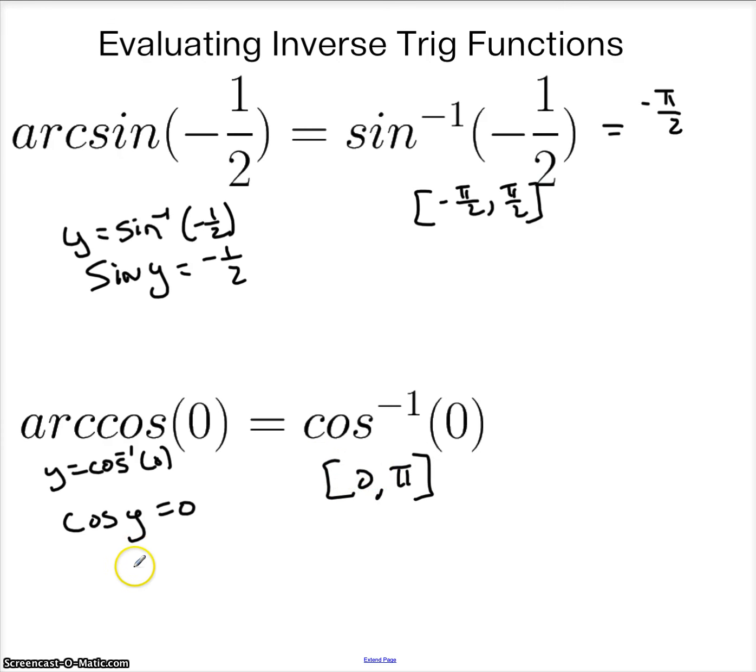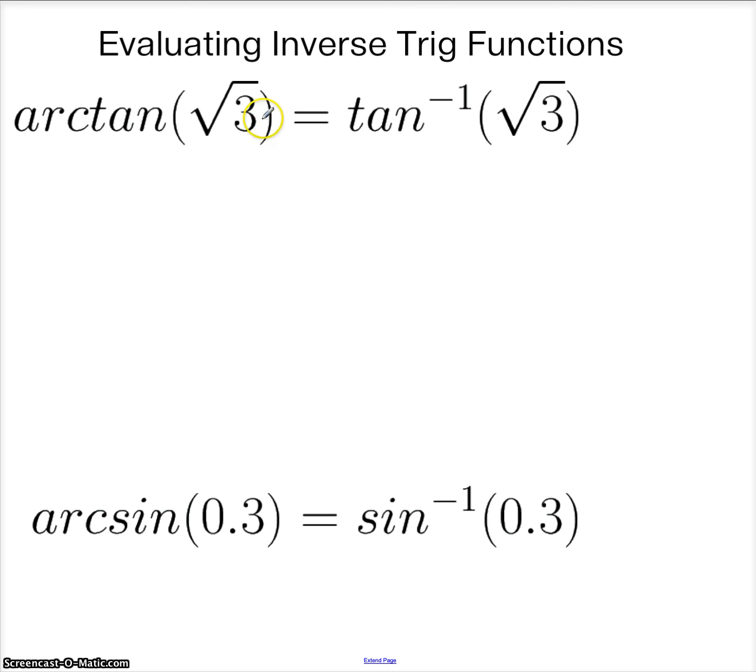So I know by definition cosine of pi over 2 is 0. So my answer is pi over 2, and this is indeed within my interval. Now what about the arctangent of the square root of 3? So let's see, my interval is from negative pi over 2 to pi over 2.